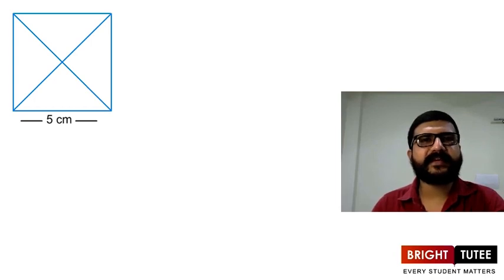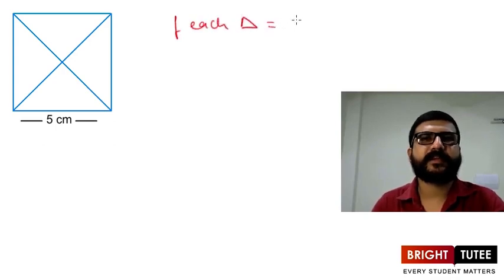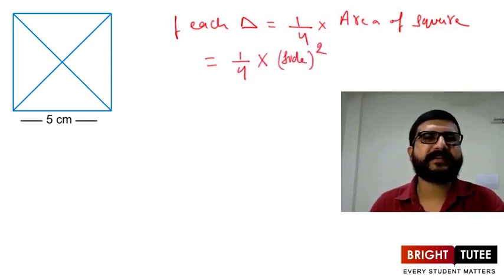Hence we can say area of each triangle is equal to 1 upon 4, as there are 4 triangles, 1 upon 4 of area of square. Now we know how to find area of square. It is side square. So this is 1 upon 4 of side square. And what is the side length here? It is 5.